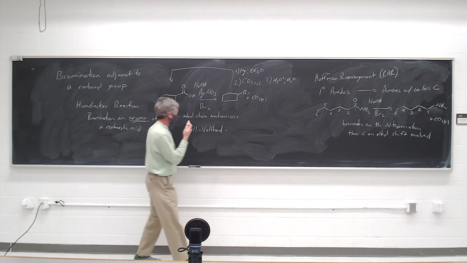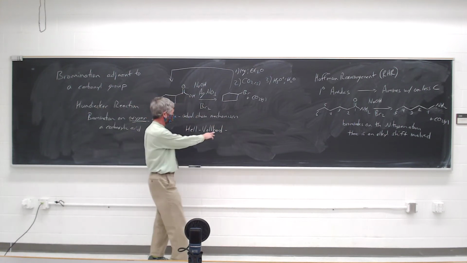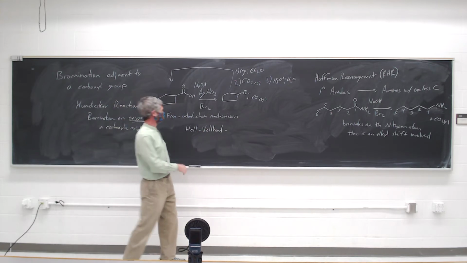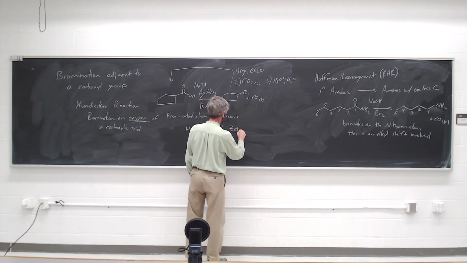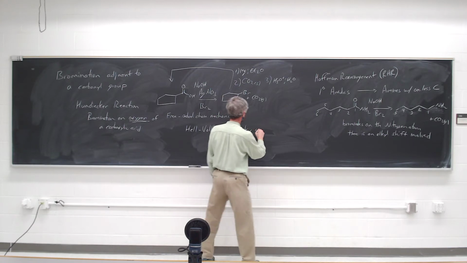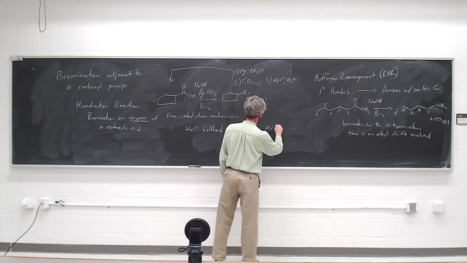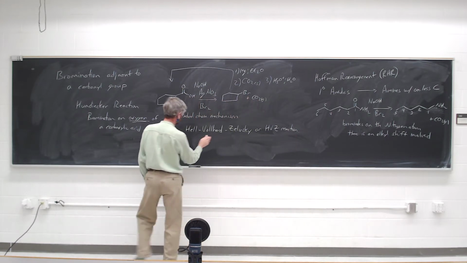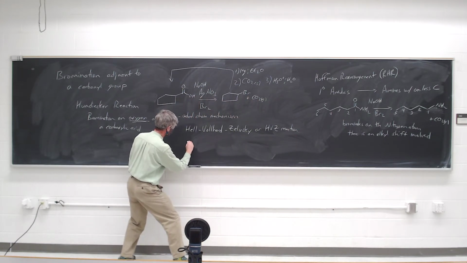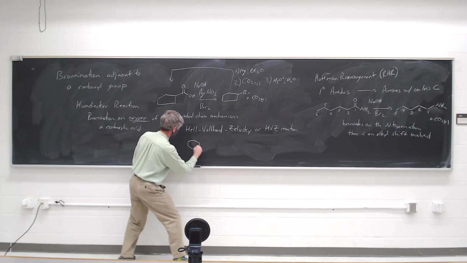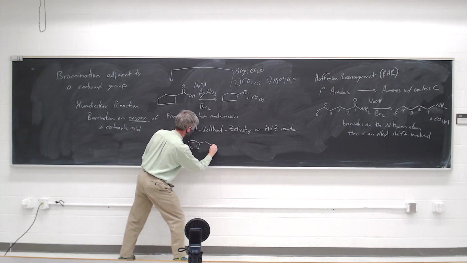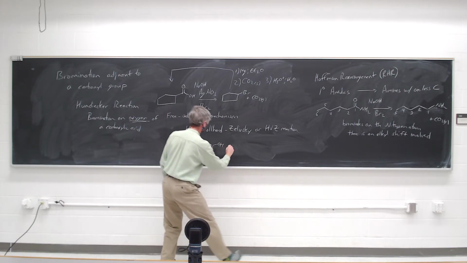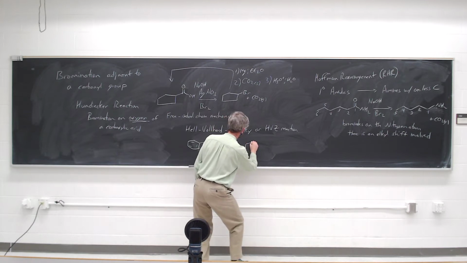And the third reaction that starts with H is the Hell-Volhard-Zelinsky reaction, or HVZ. Different spelling, it's not the same Volhard from our text. And this reaction converts carboxylic acids to alpha-bromocarboxylic acids.